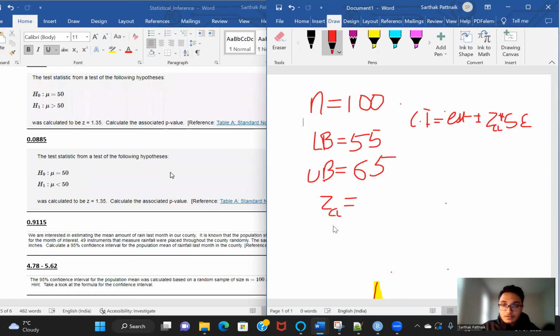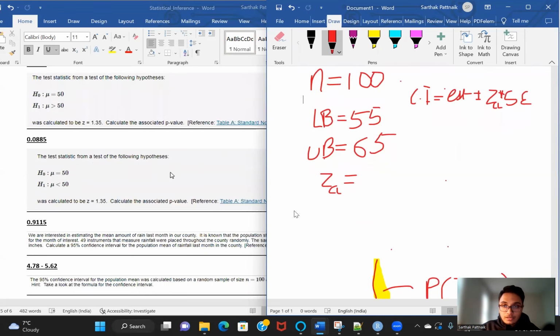So I have been given my lower bound. This is X bar minus Z critical into sigma by root n, and upper bound is equal to X bar plus Z critical into sigma by root n.